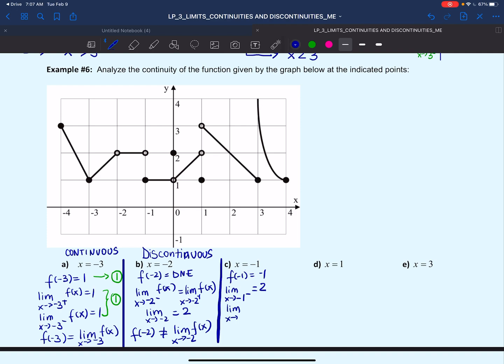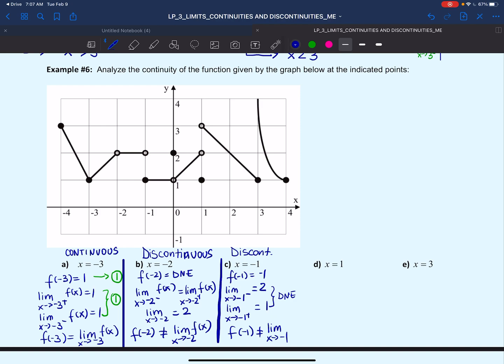When you approach negative 1 from the right, the graph is here, so that's positive 1. Therefore, we're going to say the function is not continuous because the limit doesn't exist. When the limit doesn't exist, that means we have a jump discontinuity. And f of negative 1 is different than the limit as x approaches negative 1.